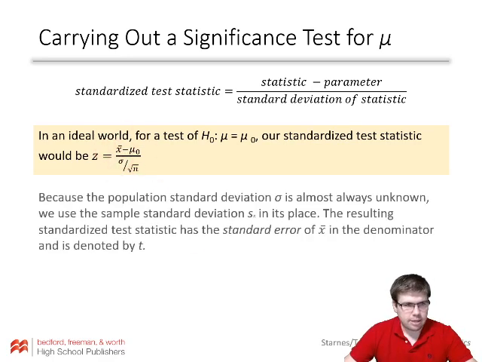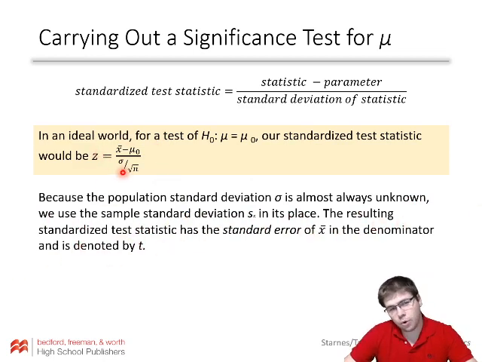However, in reality, because the population standard deviation sigma is almost always unknown, we use the sample standard deviation s in its place. The resulting standardized test statistic has the standard error of x bar in the denominator, and is denoted by t. So if you were somehow given sigma, you would use the z.